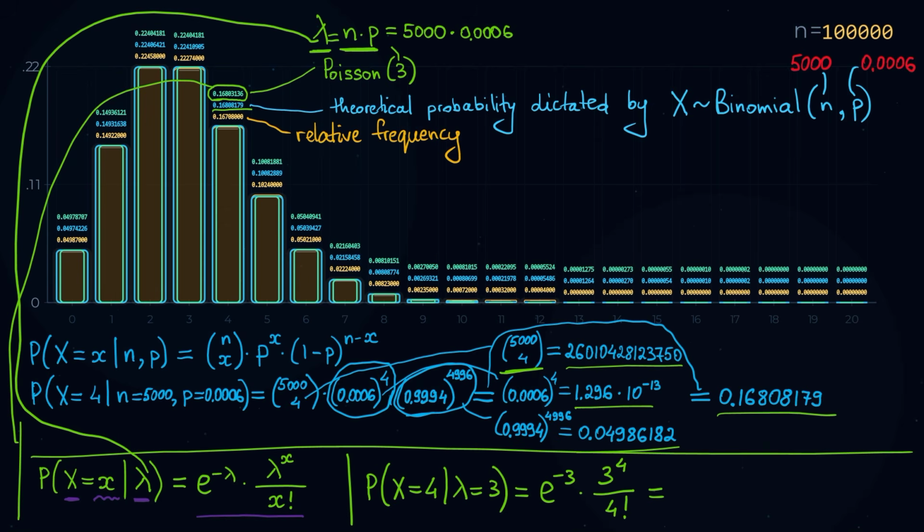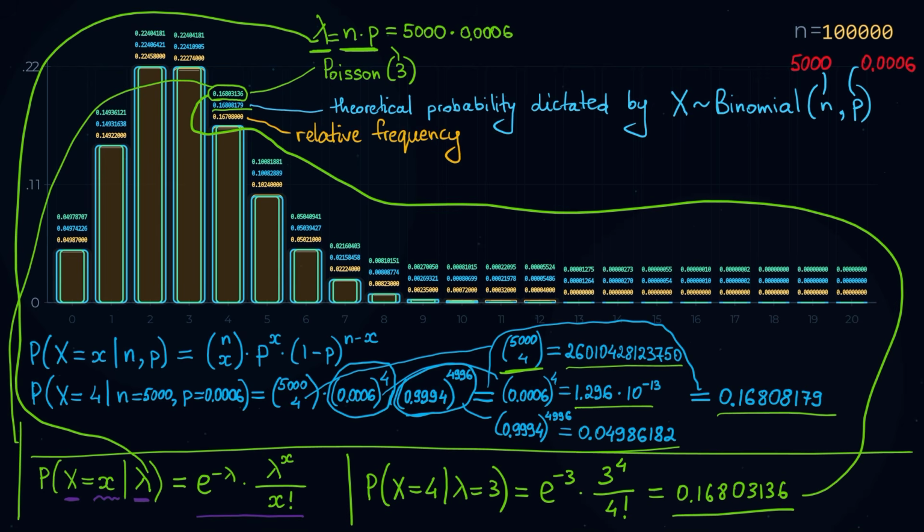And when we evaluate this expression, we get 0.16803136. That expression that we have here as part of the Poisson approximation.